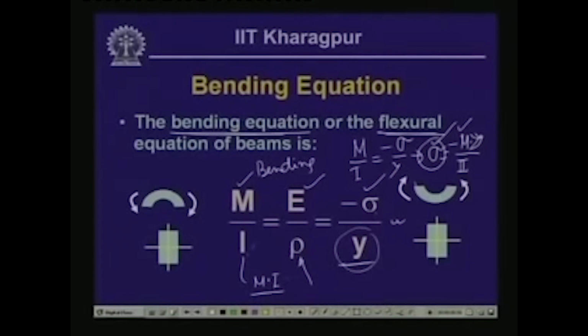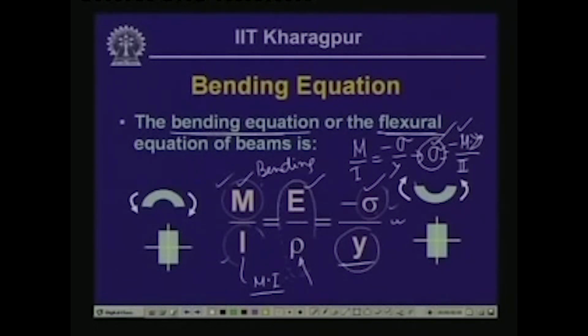Now, T, the twisting moment, can be compared with the bending moment, tau with sigma, and J, the polar moment of inertia, with the moment of inertia of the section. T by J equals tau by rho, where rho was the radius of the shaft, equals G theta by L, that was the rotation.